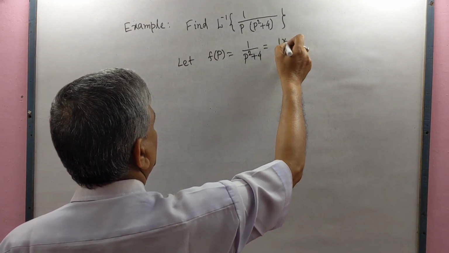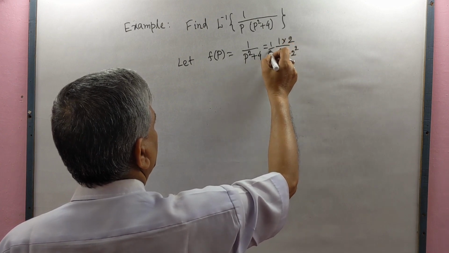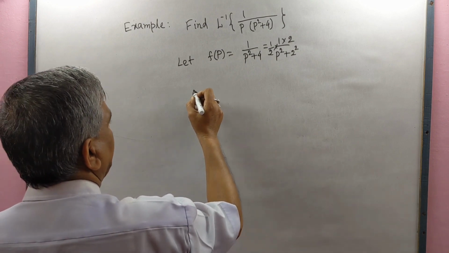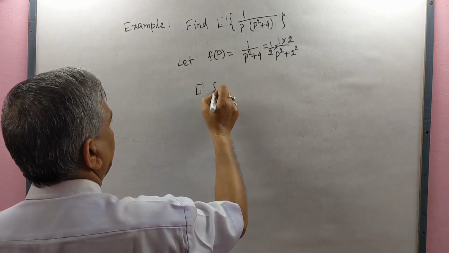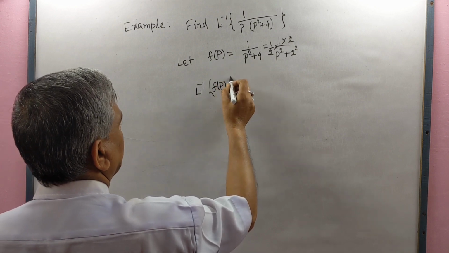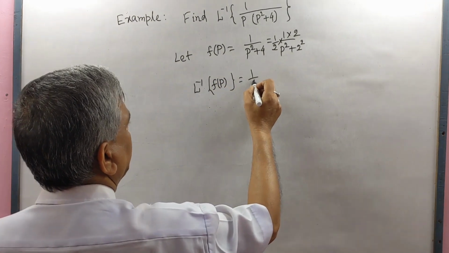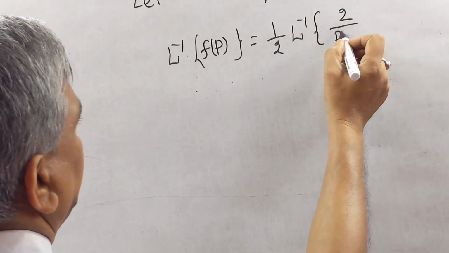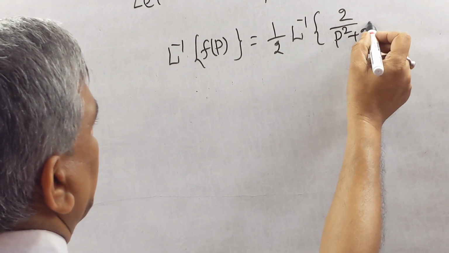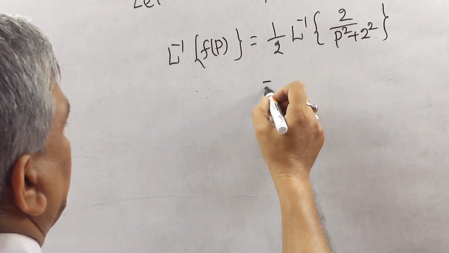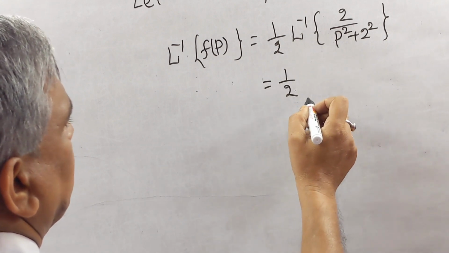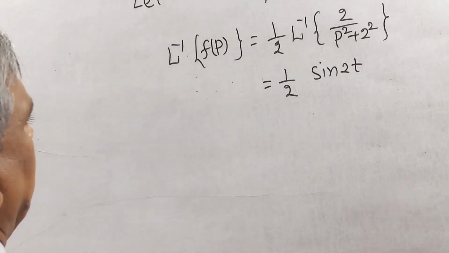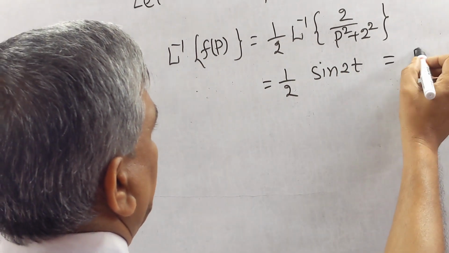Here we put 2 and 1/2. So L inverse f(p) equals 1/2 L inverse 2/(p square plus 2 square), which equals 1/2 sin 2t. Let this be equal to F(t).